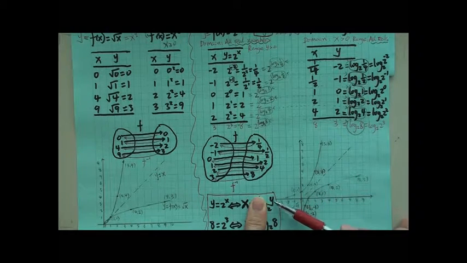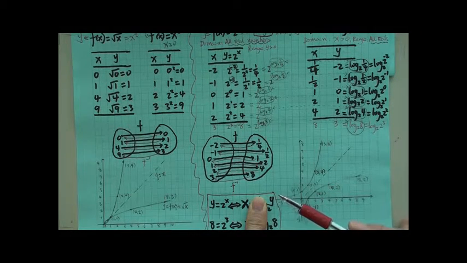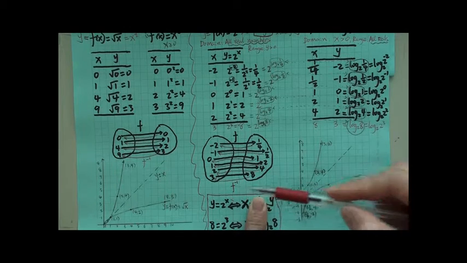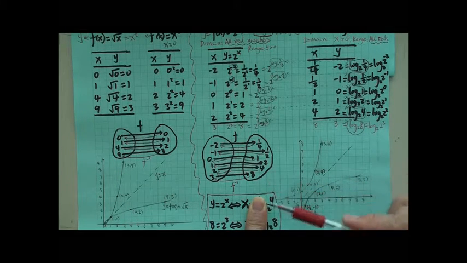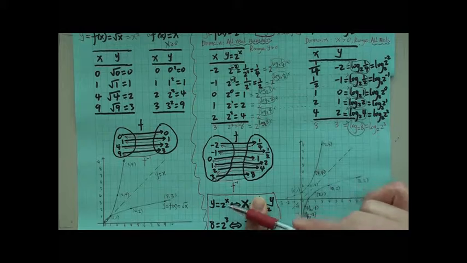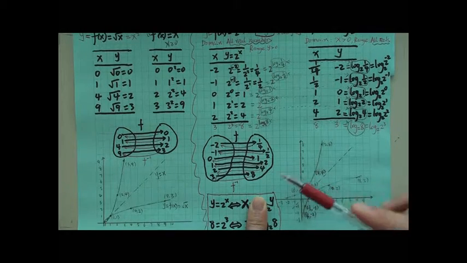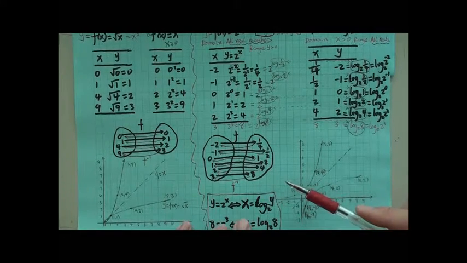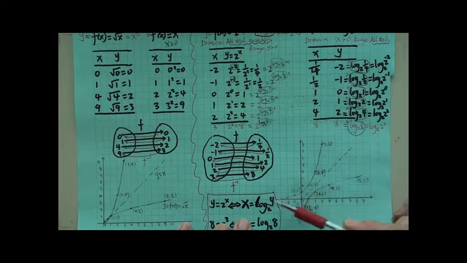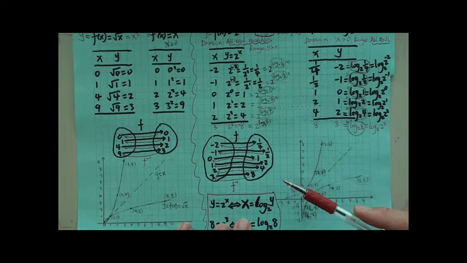Here we do 2 to the y. Okay, y is smaller, 2 is smaller, y is bigger. Here 2 is bigger, x is smaller. Sometimes it's hard to see which one is bigger, which one is smaller. So let's put log in front of it.